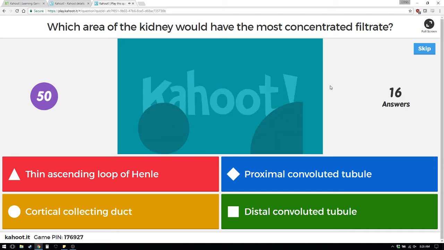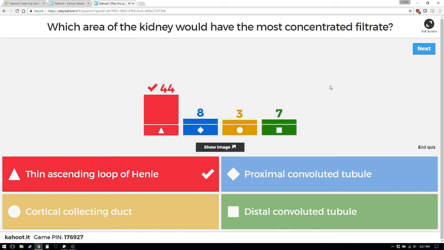We think. What do we think? The thin ascending loop of Henle.